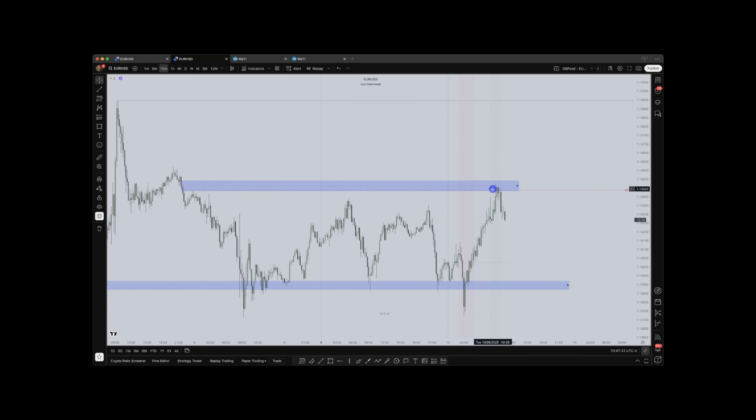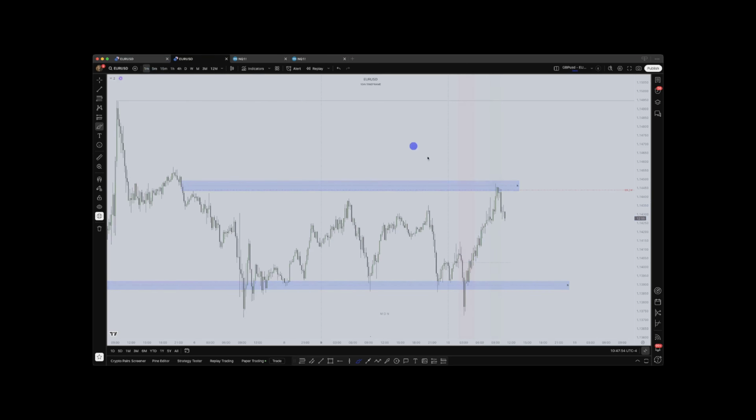You see how beautiful these levels act. So imagine you go to this level, you buy, take profit, and then you can expect a retracement, so you take a short here.